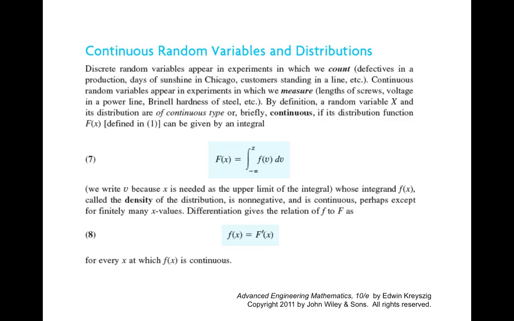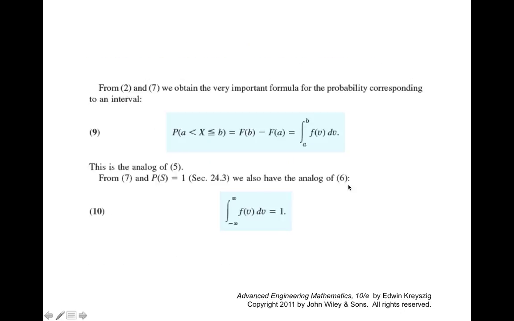The integrand is the density of the distribution. It's assumed to be positive and it's continuous. And if we take the derivative of the distribution function, then we get the density function, and vice versa.